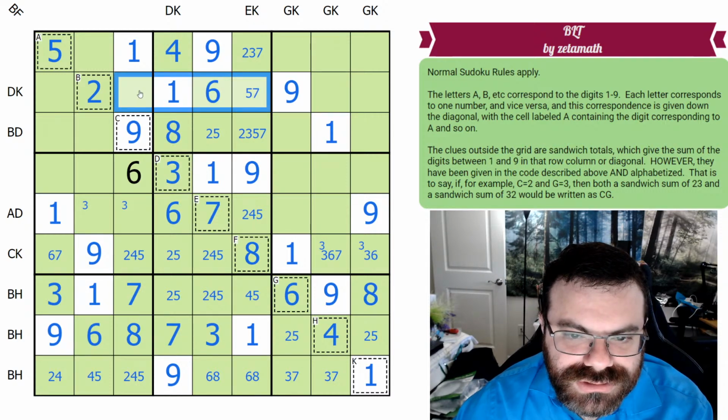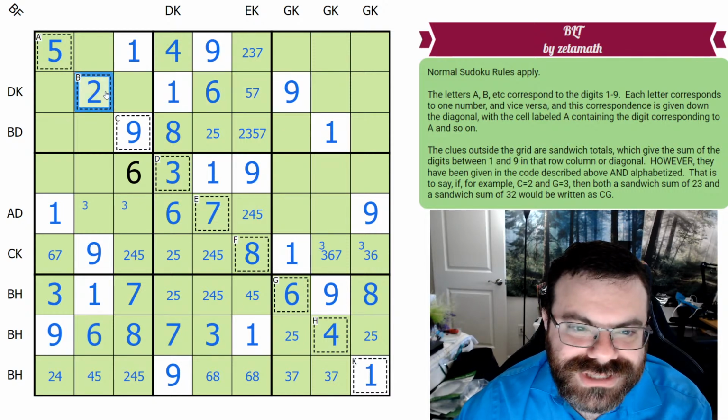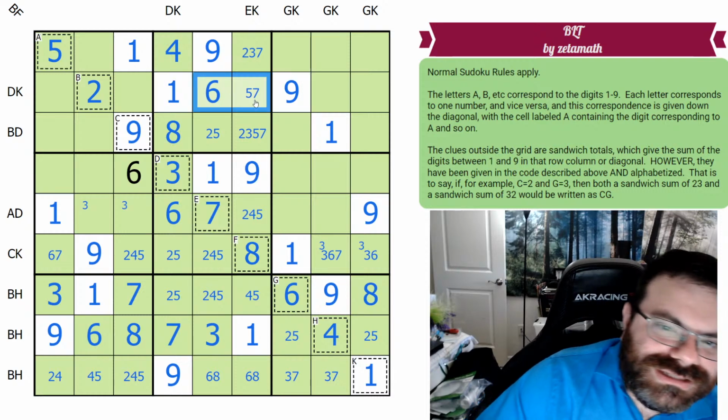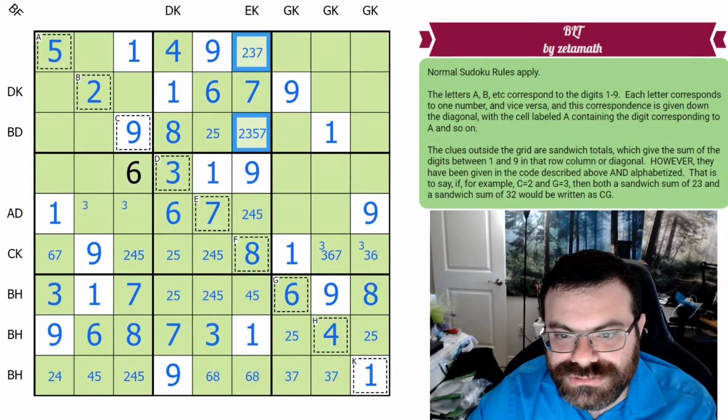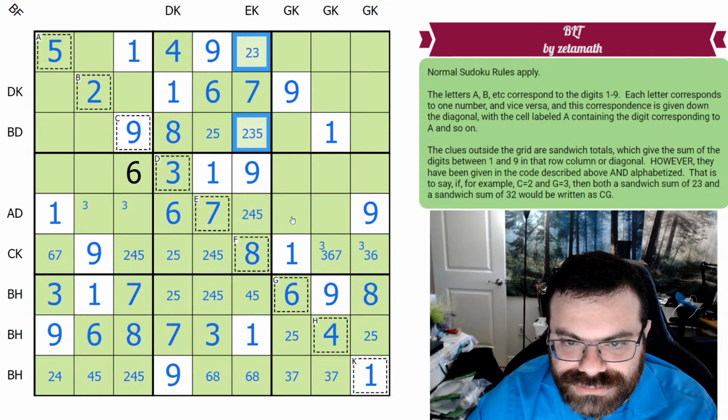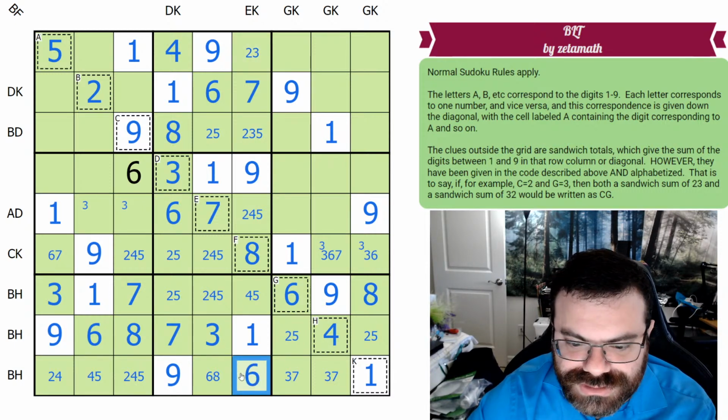13. We have 7, so we need another 6. So that's 5. Wait. Oh, I was looking at the 2 for some reason. Right, 13. 7, 6. 2, 3, 4, 5. This is a 6 and an 8.